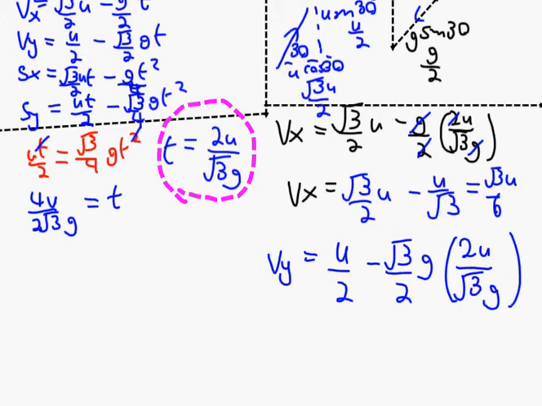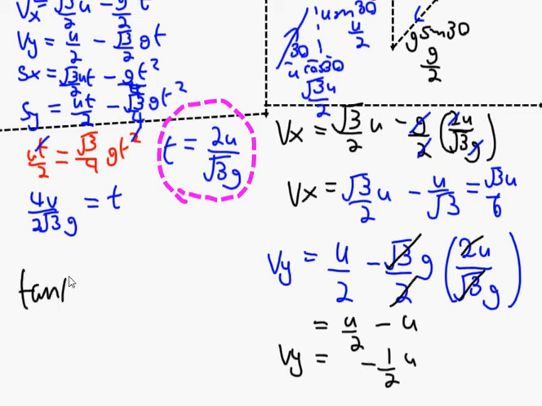This time root 3 will cancel with root 3, 2 will cancel with 2. We basically got a half minus 1. So phi y ends up to be minus a half u. Now, tan of our landing angle is basically minus phi y over phi x.